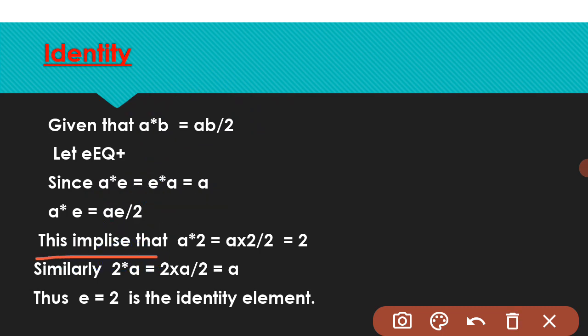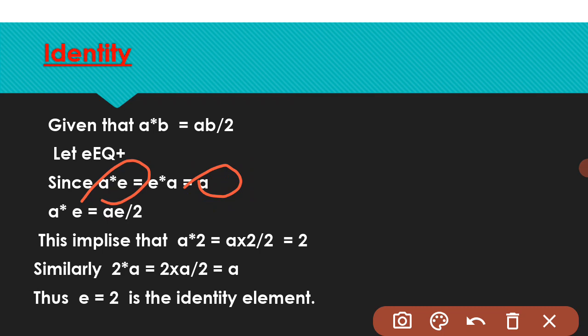This implies that we have to think that when we apply A star E, the answer should be A. So what would be the identity? From here we think that A star E, the answer should be A. So what will be the E?